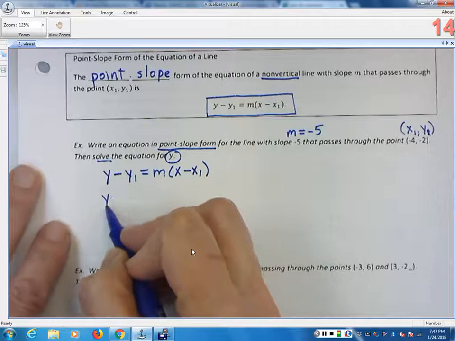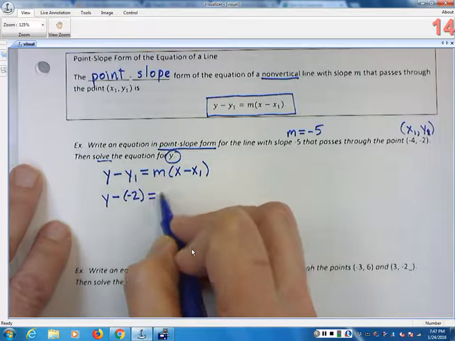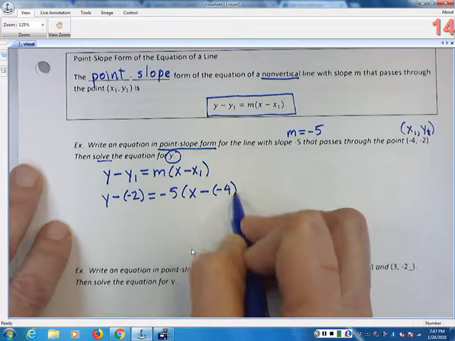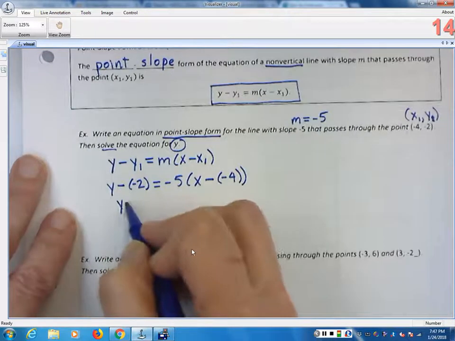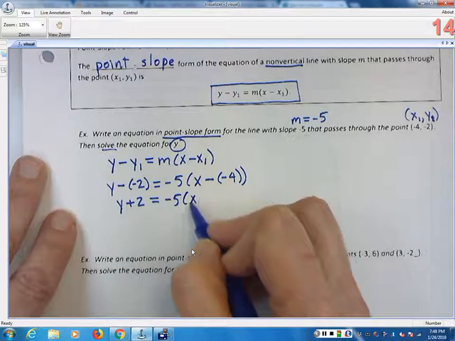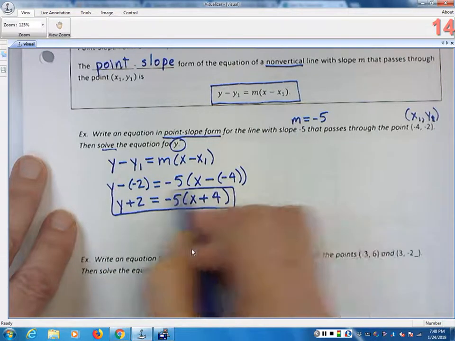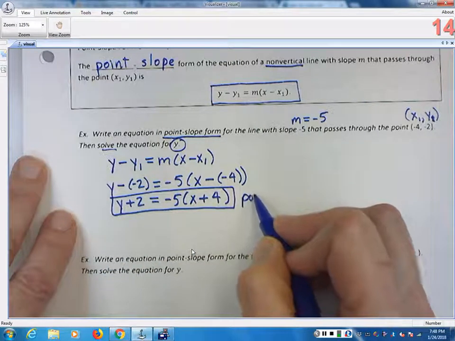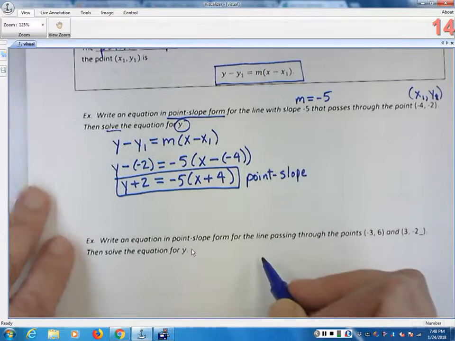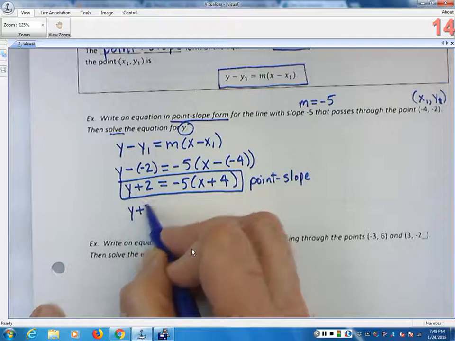And then we're going to substitute y minus a negative 2 equals negative 5 times x minus a negative 4. Y plus 2 equals negative 5 times x plus 4. And this is simplified point slope form. Now we're going to distribute the minus 5 and solve for y.